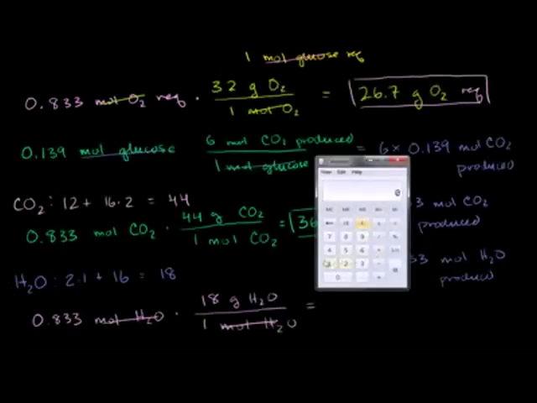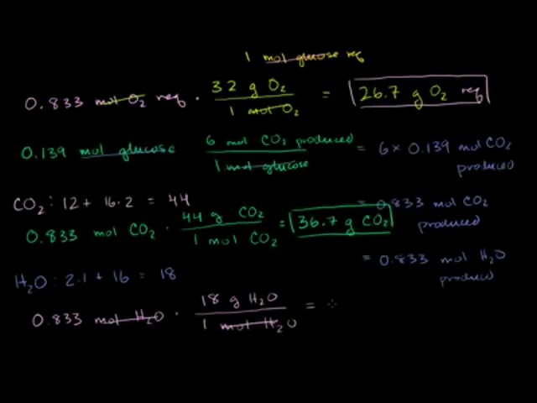At the calculator, 18 times 0.833 is equal to 14.994. So we can just round that to 15.0. So we have 15.0 grams of water produced.